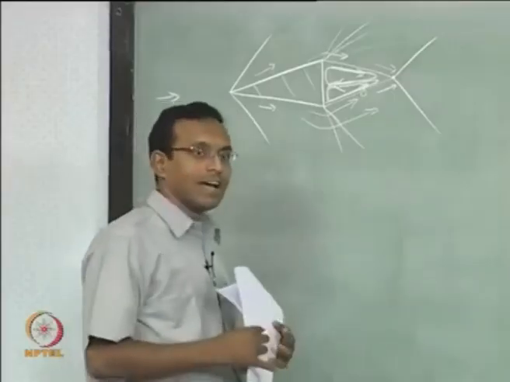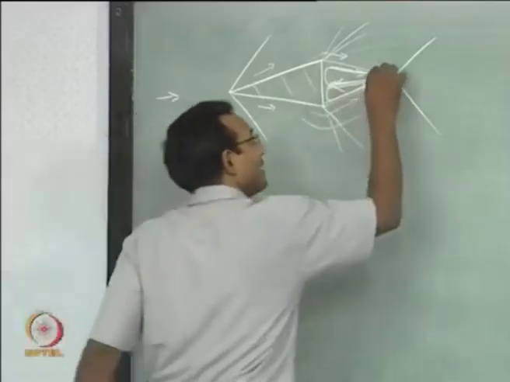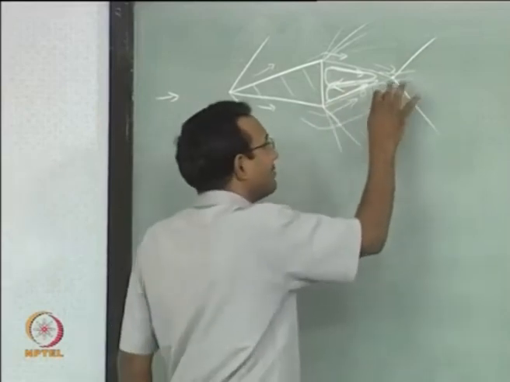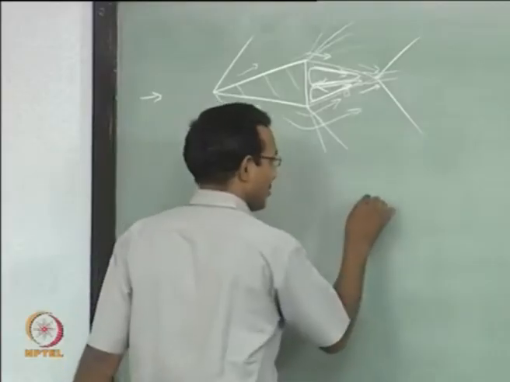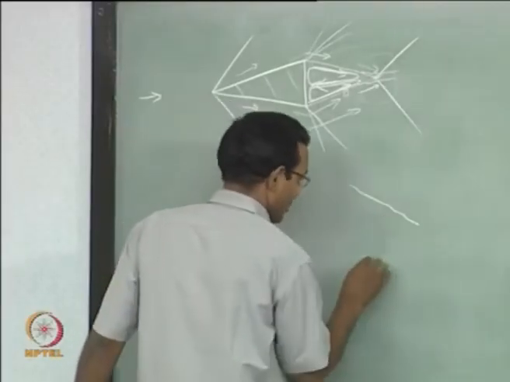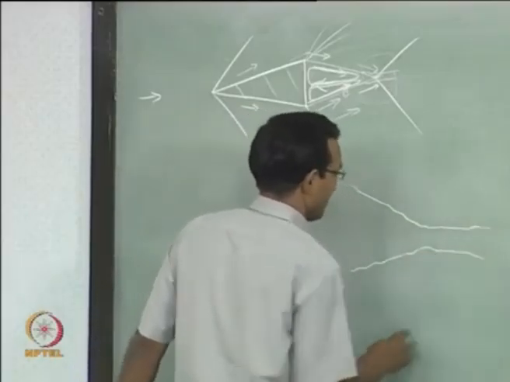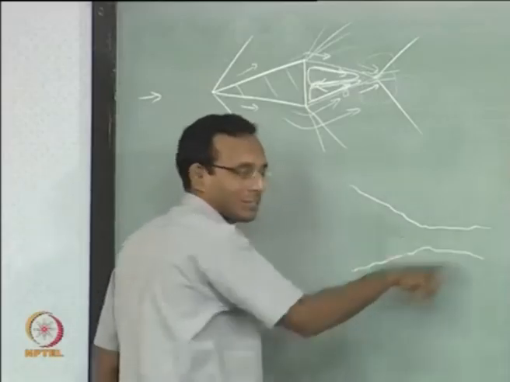If I have viscosity, this problem is not as simple. There is going to be a wake created, not just recirculation zone, but there will be a wake, which means the shock will not be a clean shock, but the shock, I will expand this small region alone. This is your shear layer and it will just form a wake like this. So, you are going to have some unsteady smooth compression.